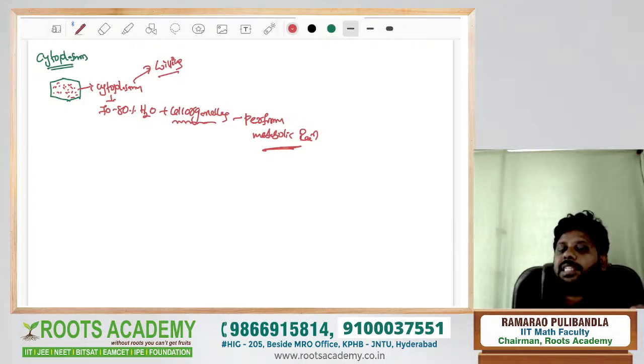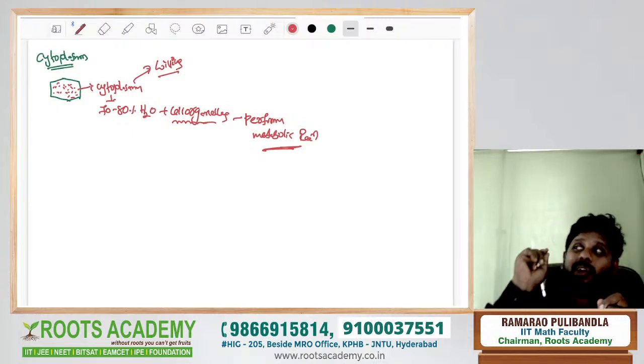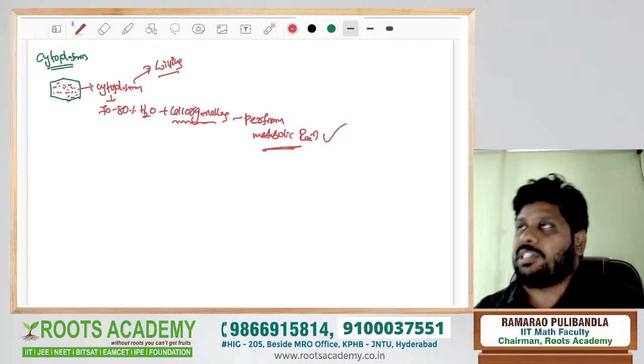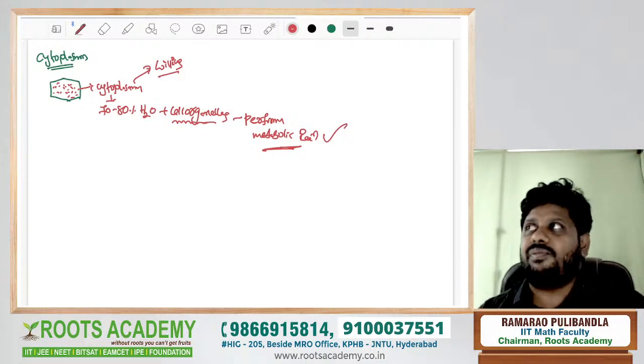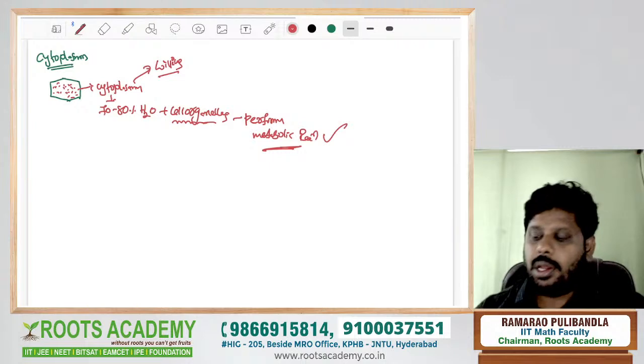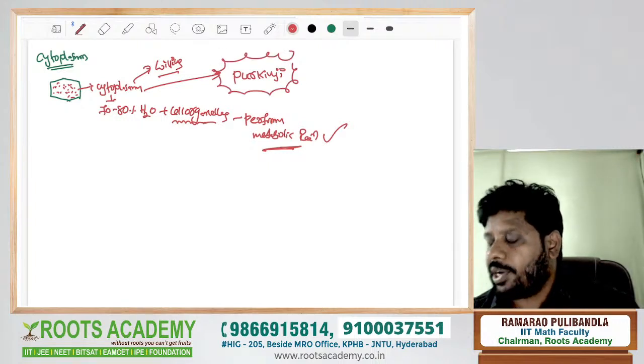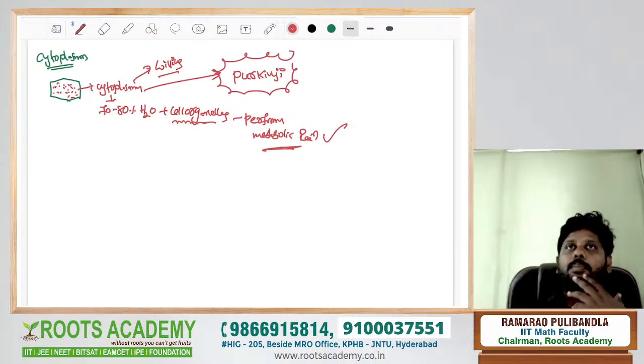Cytoplasm consists of cell organelles, and each organelle performs one specific function because of the presence of metabolic reactions. Cytoplasm was discovered by the scientist Purkinje. The credit for the discovery of cytoplasm goes to Purkinje.